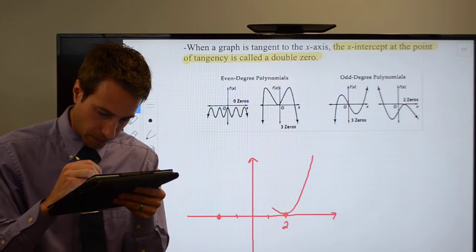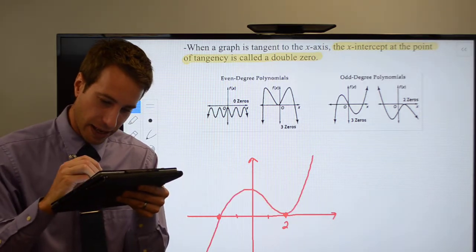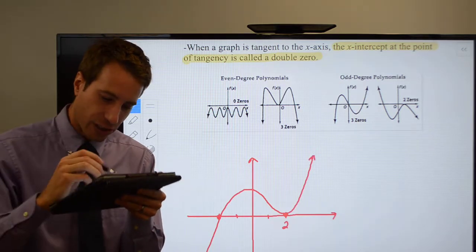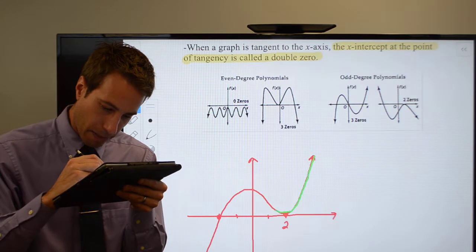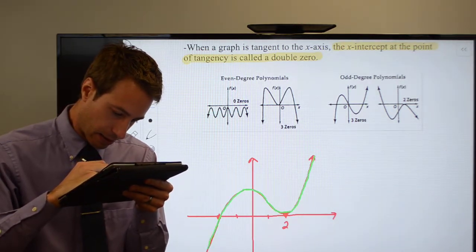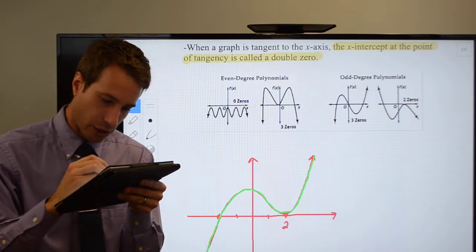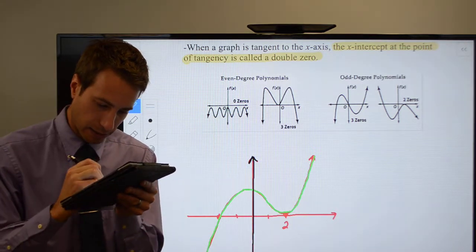Oh, beautiful. I love it. That is a gorgeous polynomial. Actually, let me do it in a slightly different color so we don't confuse my polynomial with my axes. All right, there's my polynomial in green. I should have done my axes in black. Let me do my axes in black.